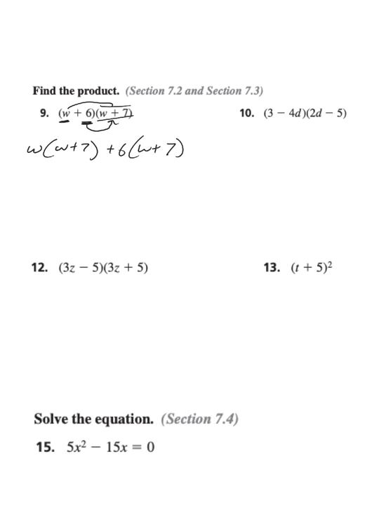All right? W squared plus 7w, and then distribute the 6, you get plus 6w, and 6 times 7 is a positive 42. Now, often we have to add those middle terms up. We get w squared plus 13w plus 42.